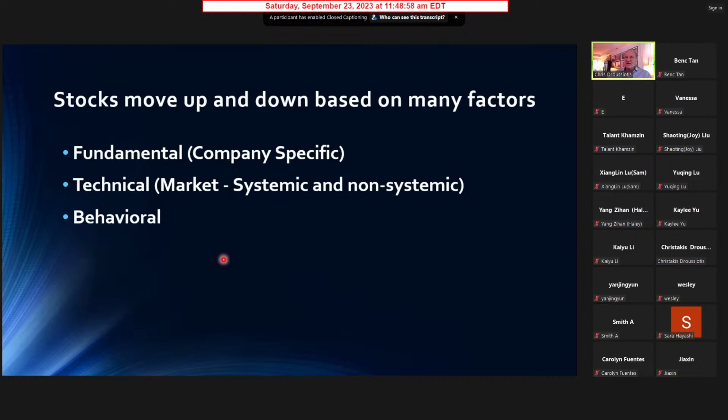Because the information that comes out of the company is every quarter when they announce their earnings, that the company is doing well compared to last quarter or last year. And every year they have a big annual report, the 10-K that they're required to file. From that, you can determine if you want to buy or sell.